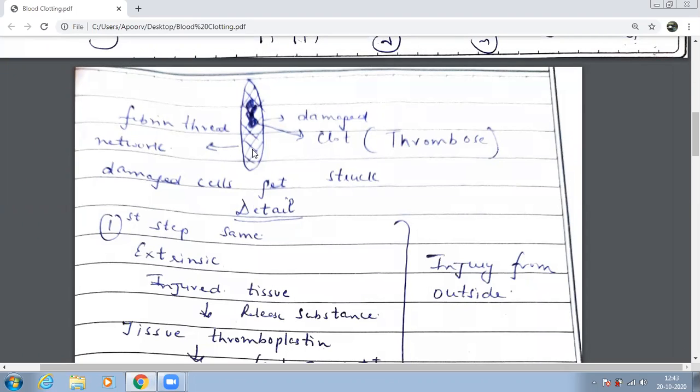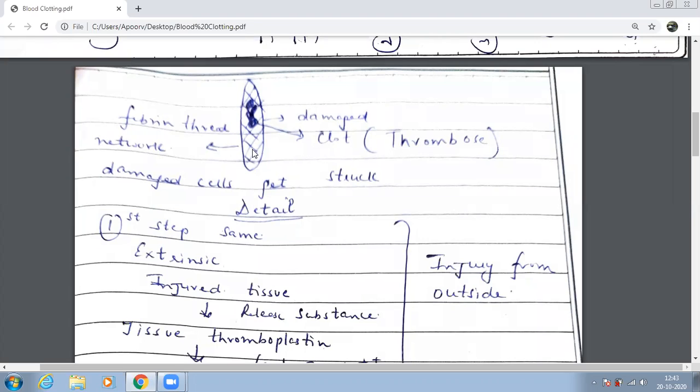What is getting stuck in the fibrin threads? Your damaged cells, whether they are RBCs or WBCs, and then they form a clot. What is the other name for clot? Thrombose.